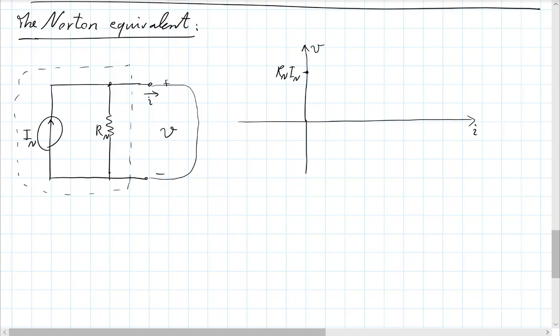So the voltage drop across RN is 0, which means there is 0 current going through RN because of Ohm's law. And so if you look at the KCL up there, it says that the entire IN should now go through this external wire. Then your short circuit current is simply IN. And that's that. So in this case, this is your VOC, and this is your ISC.